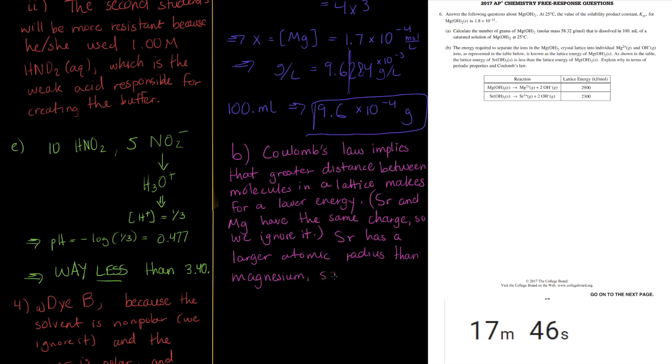I don't know why I wrote that whole word out. I should have just written Mg. And this is because it has electrons occupying higher valence energy levels.